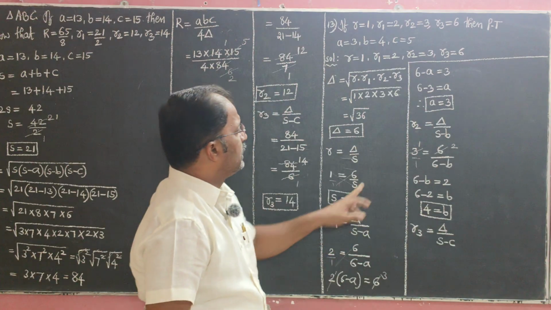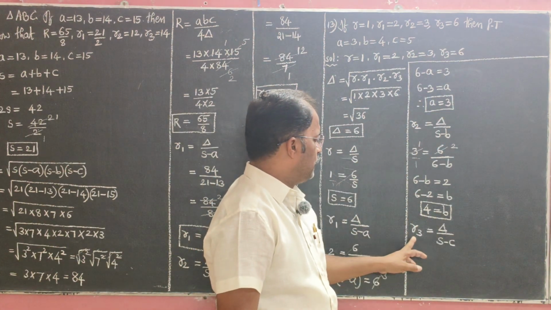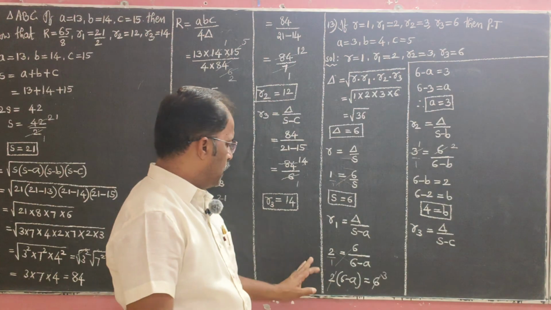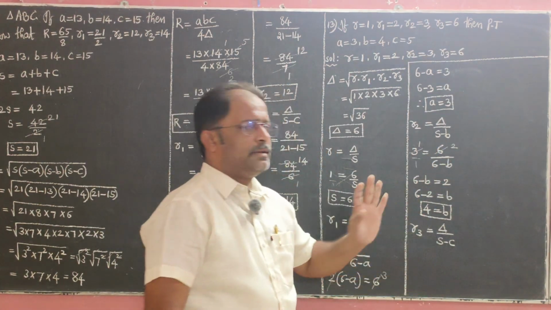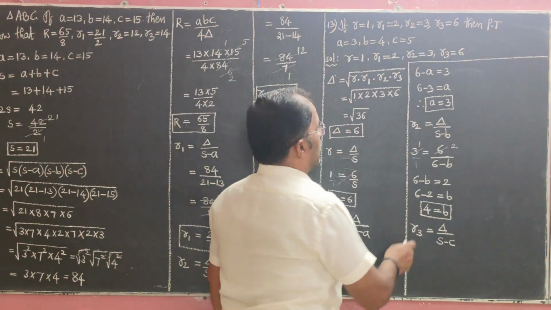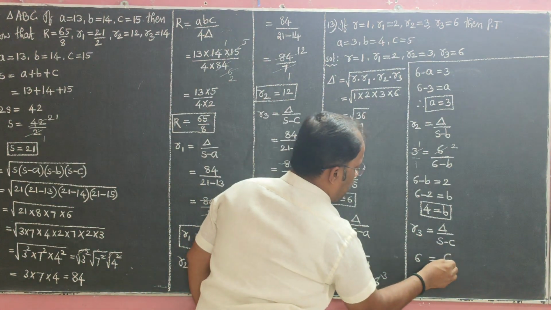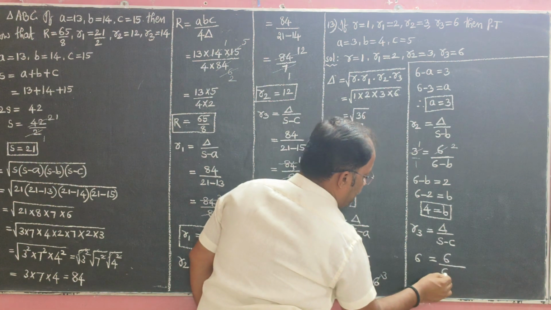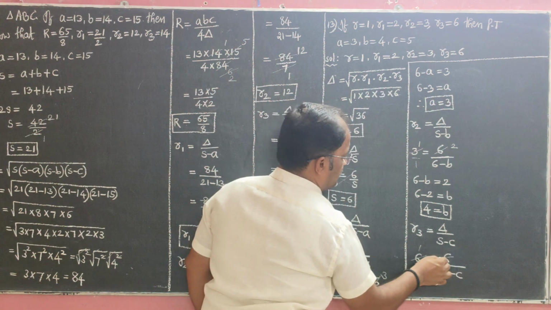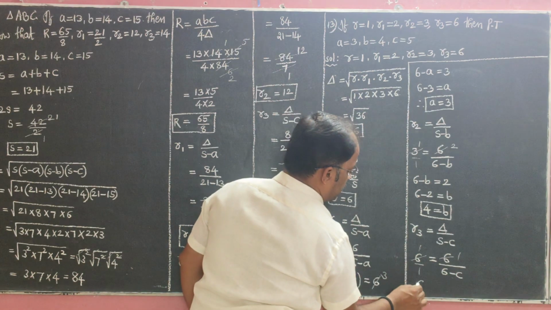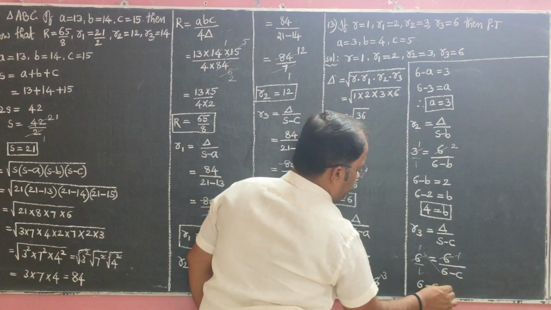With R1 we get the A value, with R2 we get the B value, and with R3 we can get the C value. So the R1 value is completed, the R2 value is completed, and with R3 we can find C also. Okay, right. What is R3? 6 equals delta value also 6 and S value also 6. So 6 over 1, which means cross multiplication: 6 minus C into 1, that is 6 minus C, equals 1 into 1, that is 1.